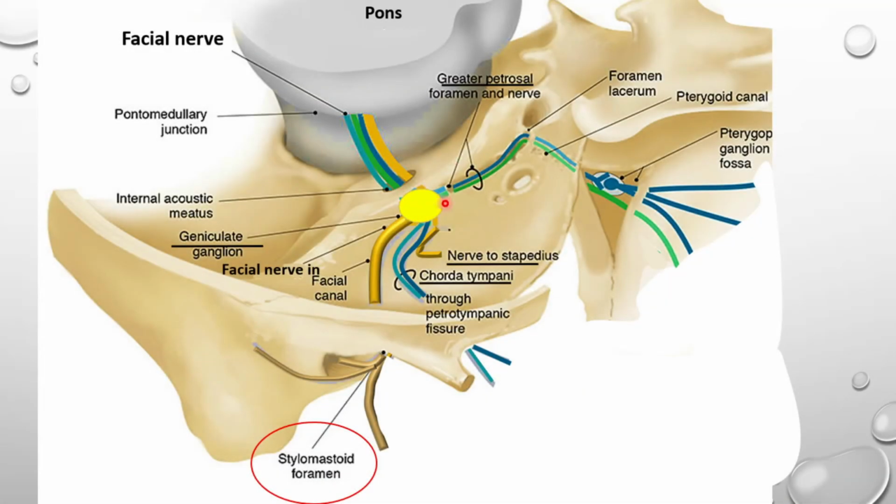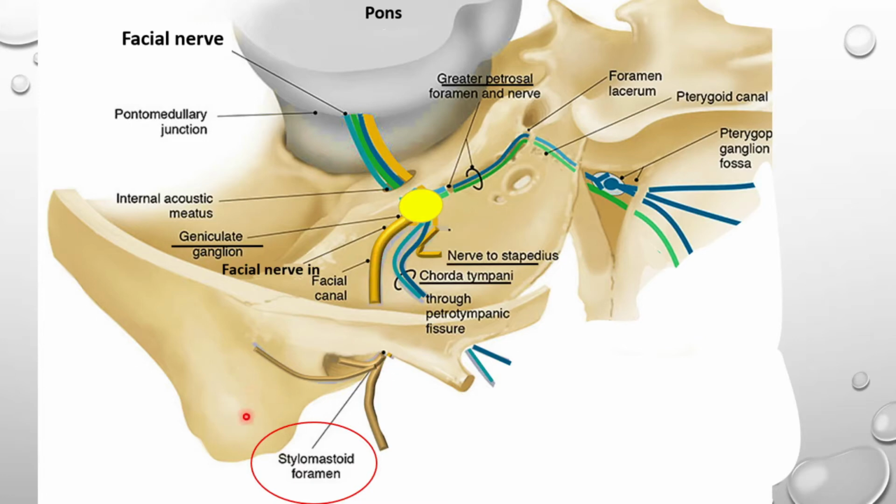And then once it's passed through the internal acoustic meatus and it's in the region of the inner and middle ear, we can see that little geniculate ganglion, which is sort of a junction where some of these divisions take a detour either to the tongue and the lacrimal gland and the submandibular glands, or in terms of the motor branch of facial, are going to finally run through something that's known as the facial canal and out through the stylomastoid foramen.